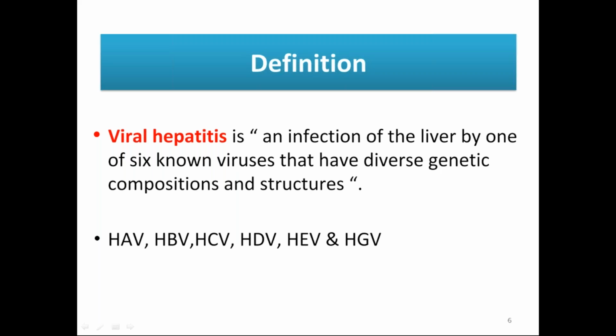So viral hepatitis is an infection of the liver caused by a virus. Just remember it like that. The most common ones are B, C, and A, followed by D, E, and G. B and C are more important.